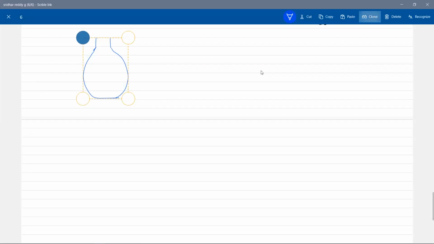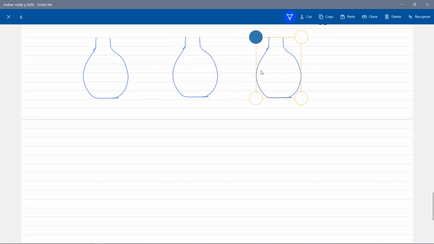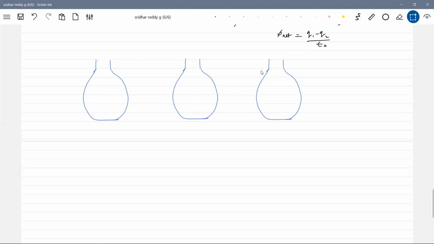Let me take 3 pots. So I'll keep a point charge exactly at the mouth. He's asking what about the flux through the pot? This is a pot. Now the second situation: the point charge is moved above the mouth of the pot. Here it is brought inside.